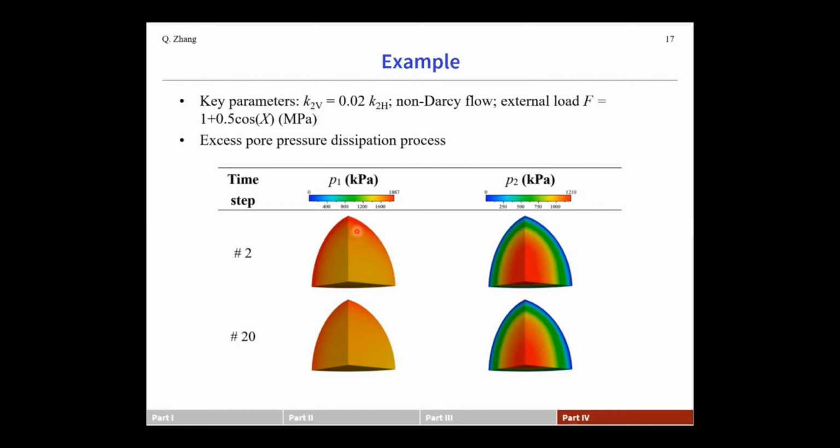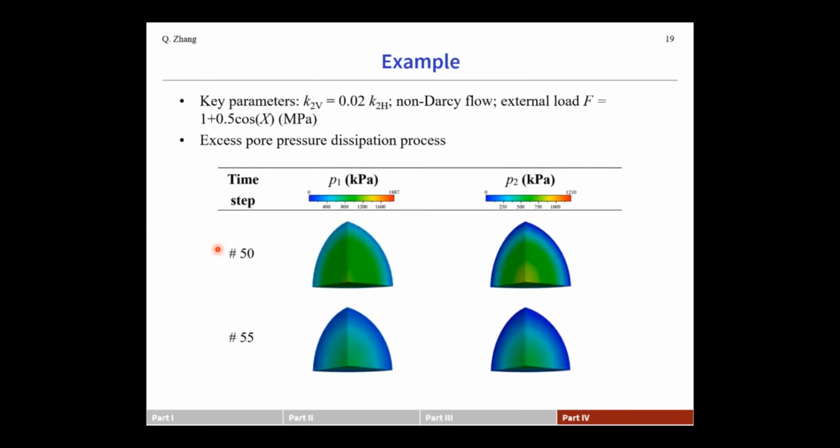And you can also see that in the beginning, the difference between P1 and P2 is large, which means that the non-equilibrium flow will appear as soon as we apply the load. As time goes on, you can see the difference between P1 and P2 decrease, and the porous medium is compressed. At the last time step, you can see the distribution of P1 and P2 are almost the same.